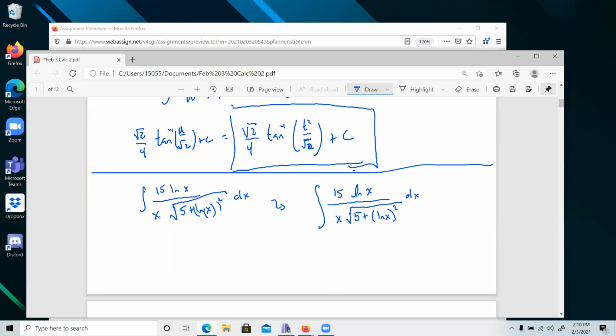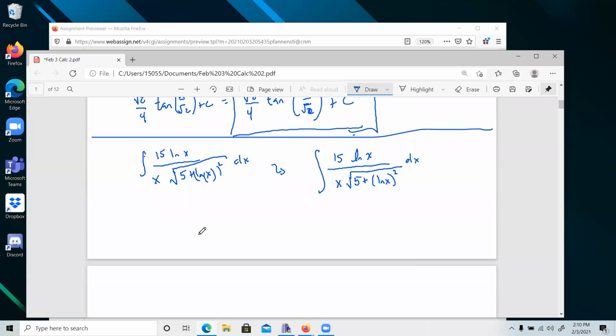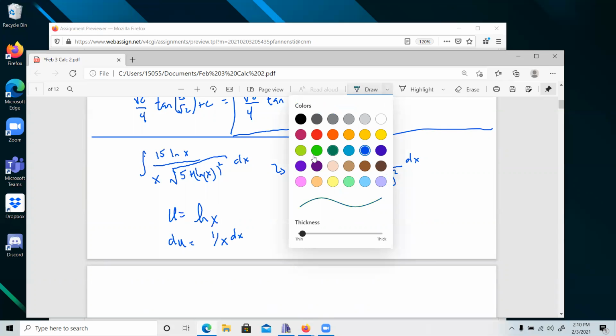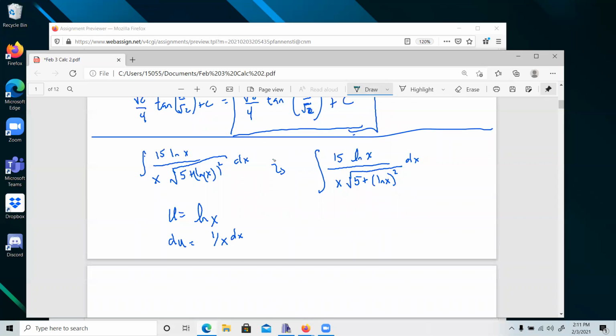With this one, I like the fact that there's an x down here. That's kind of screaming to me that the correct substitution is going to be let u equal ln x, and then my du is going to be 1 over x dx, because right here is my 1 over x dx.